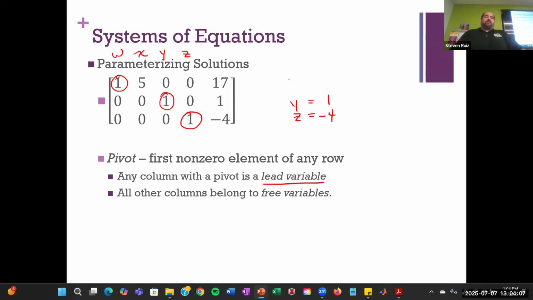Is there any relationship there? w plus 5x equals 17. So in this case, the lead variables are w, y, and z, and then a free variable. The only free variable here is x. So if I isolate w here, what do I get? I get w is equal to 17 minus 5x.